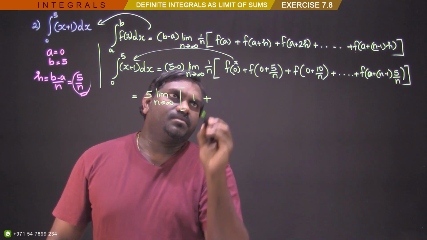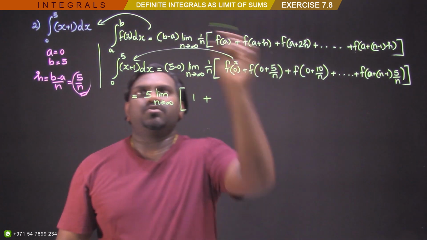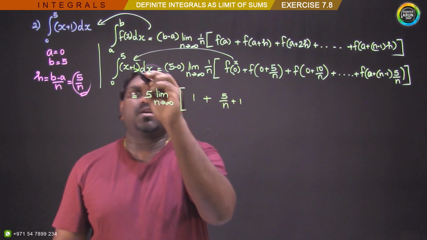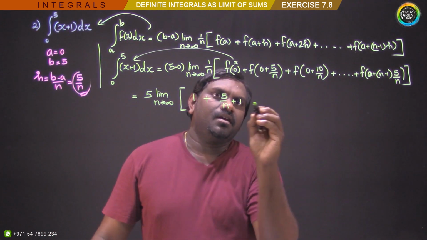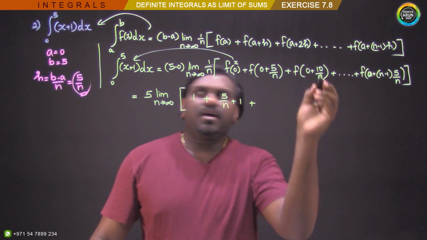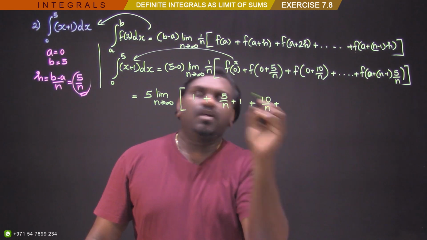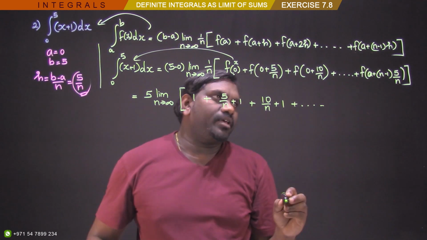Yes, plus here there is nothing but a 5 by n. That you need to apply over here. You will get 5 by n plus you got another 1. Right? Think about it, I am only substituting for x. Plus you have 10 by n going to the x, that will be 10 by n plus you have another plus 1. And this keeps on going.